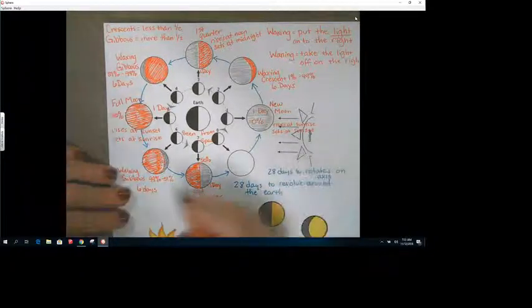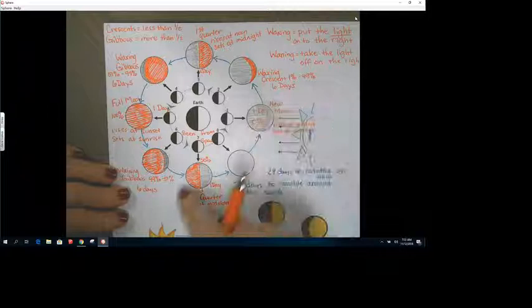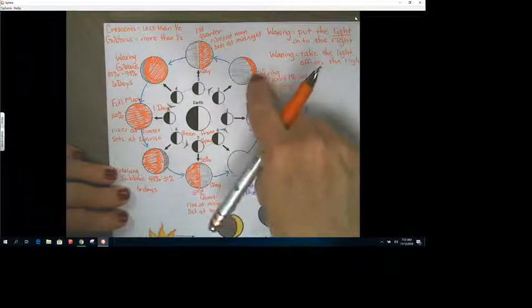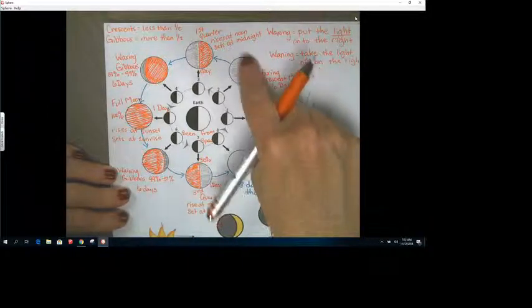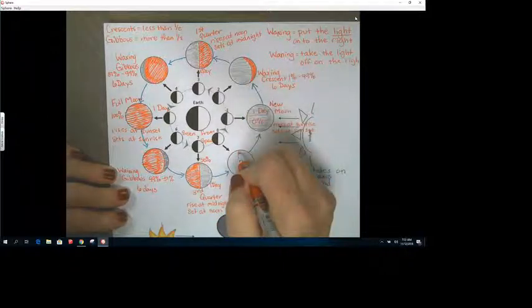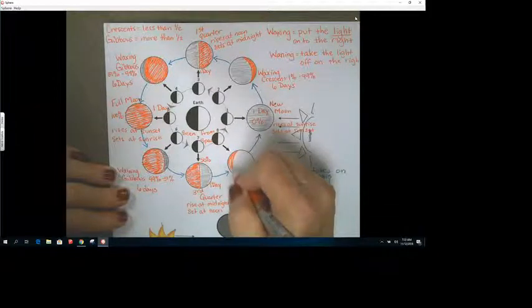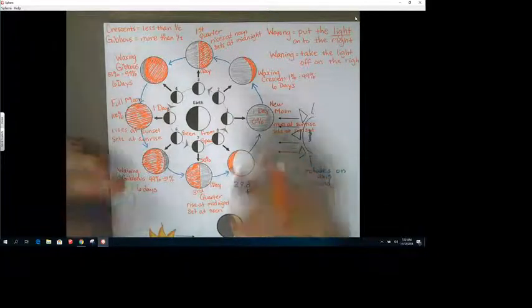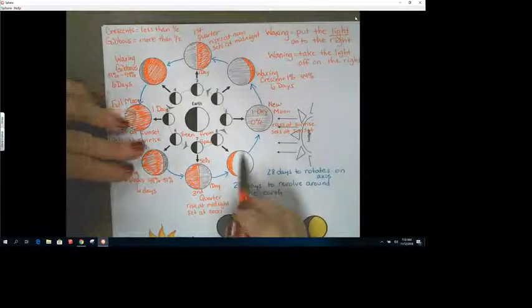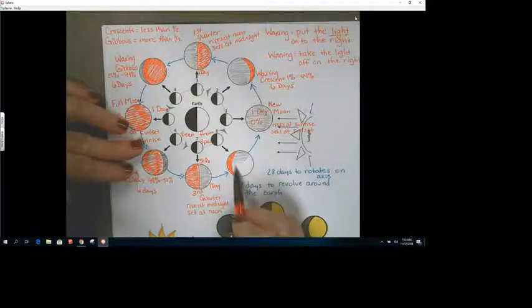And then our last one is going to be our waning crescent. Again, opposite, crescent here for lit. So now this time, it's going to be on this side. And then we have, remember, crescent means less than half.